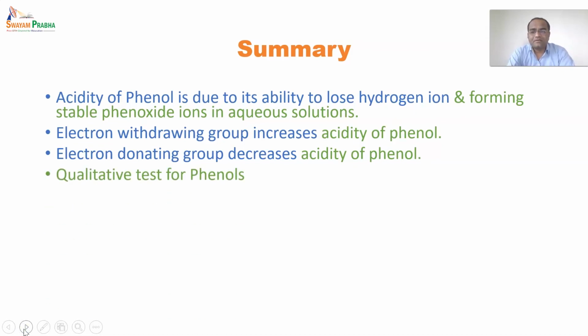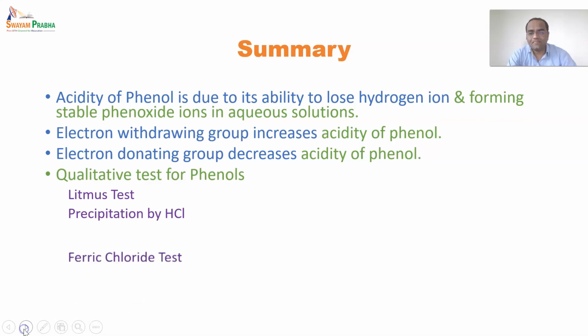After that we saw qualitative tests for phenols. The first test was the litmus test, in which blue litmus paper turns red. Next, precipitation by HCl: when phenol is treated with sodium hydroxide, it becomes a soluble salt solution, and it is then precipitated by HCl, giving out phenol once again.